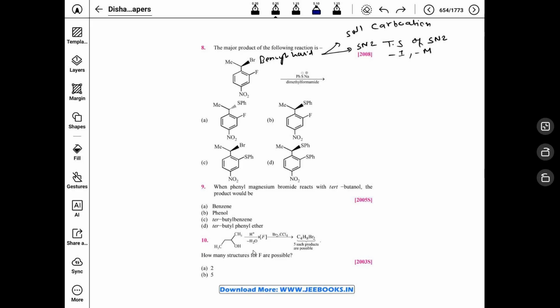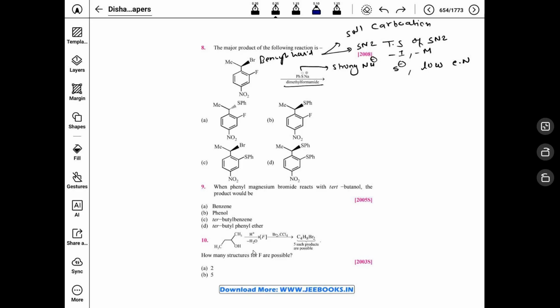So we know that it can show SN1 or SN2 reaction, and this is a very strong nucleophile, because whenever you see a negative charge on sulfur, it has a high tendency to give electron density because of low electronegativity.